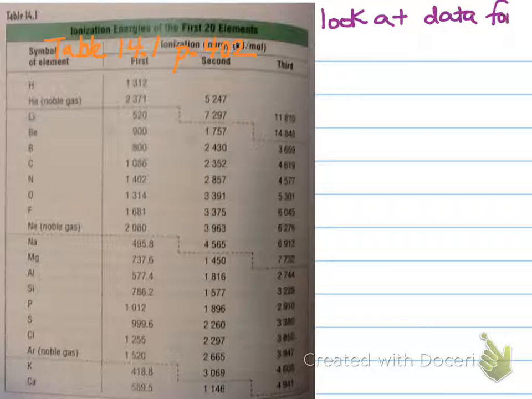We're going to take a look at our book at table 14.1 on page 402. This is a table of ionization energies. Specifically, I want you to look at the data for lithium, sodium, and potassium.